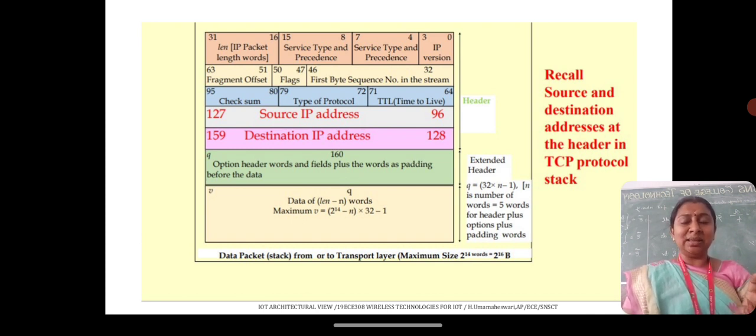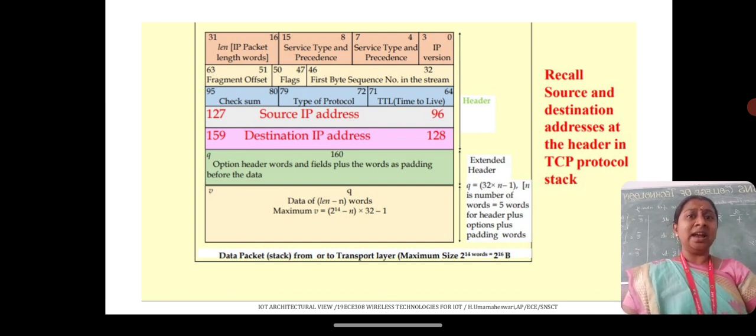Then 32 is the number of streams, and 46 is the byte sequence used. 47 to 50 hold various flags, and 51 to 63 is the fragment offset. And it consists of the checksum, type of protocol and time to live.